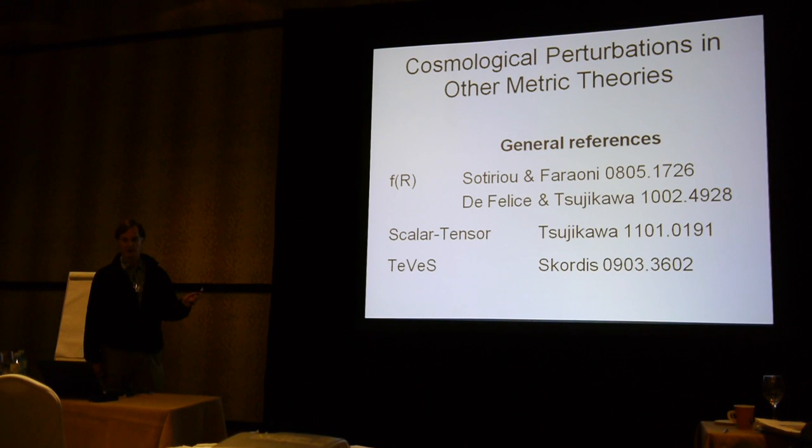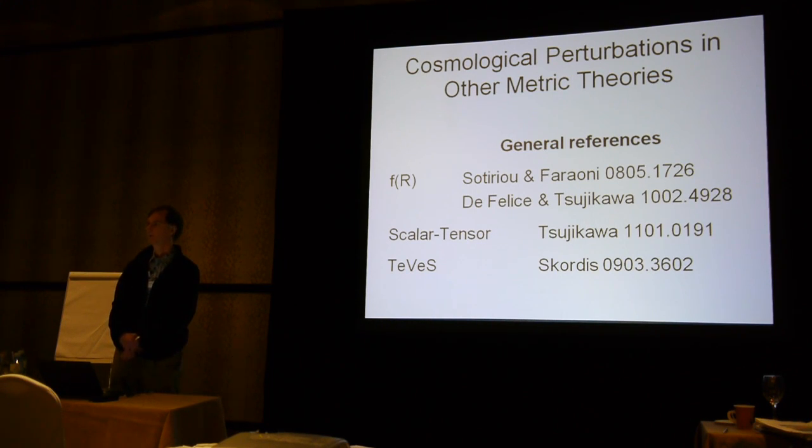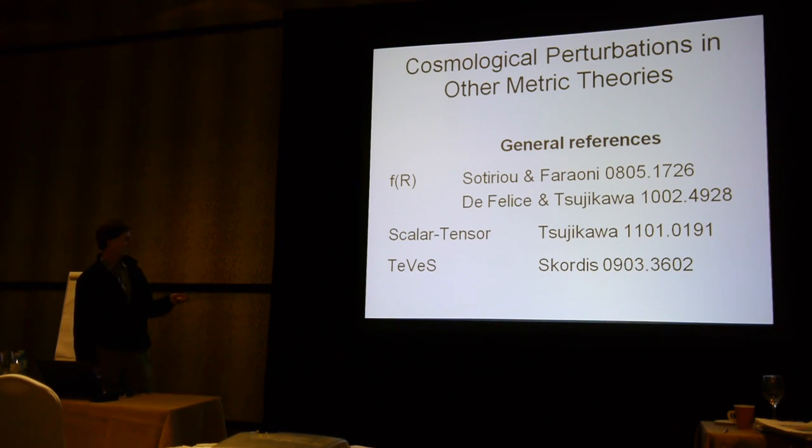So, some general references. Cosmological perturbation theory is not well developed for theories other than general relativity. Here are some general references to classes of alternative theories. The f(R) theory, which I introduced last time, and about which I will say much more today. A couple of very nice, extensive review articles.